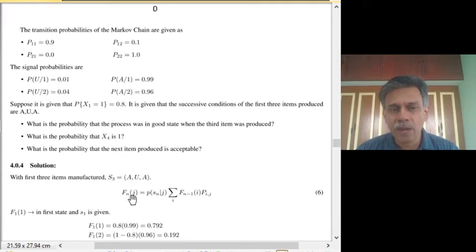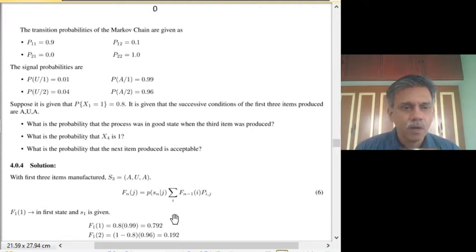So we have to keep track of these F's at every time point for all states in order to proceed forward up to time 3, wherein all signals that we have received have been made use of. Then we can predict the future. That is what we will see.